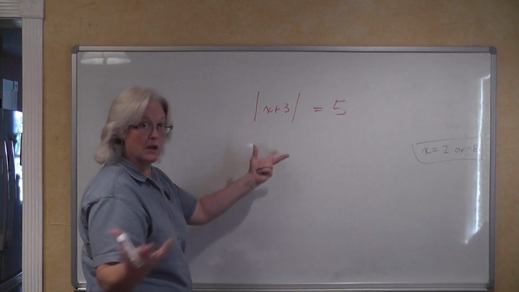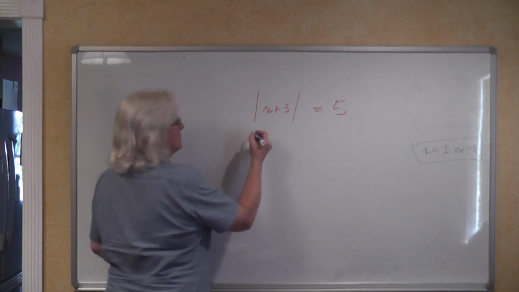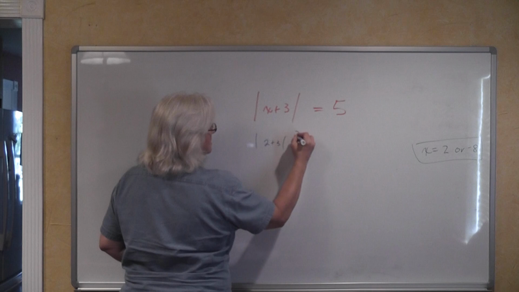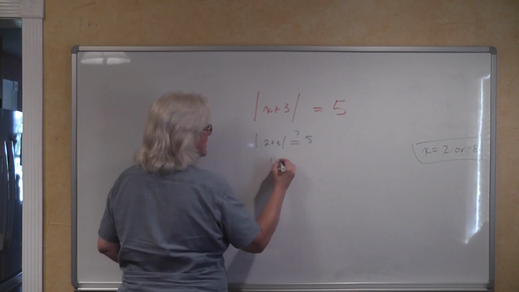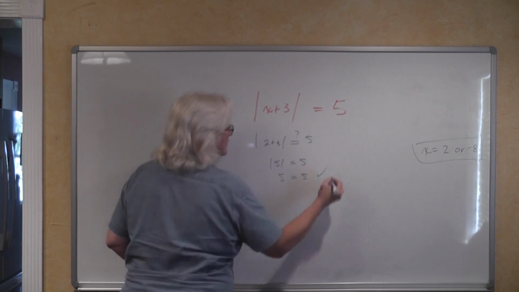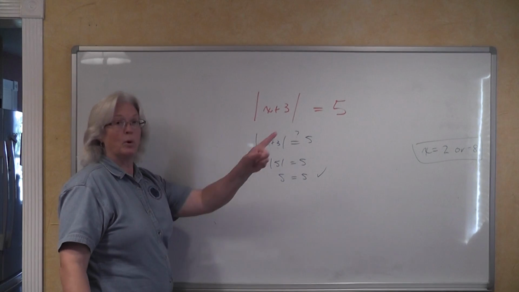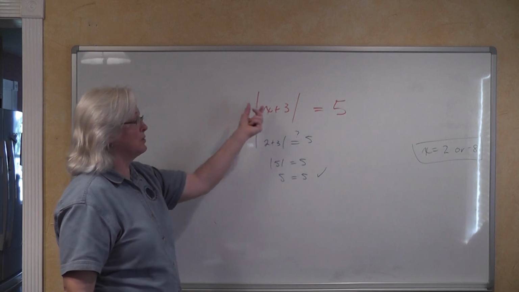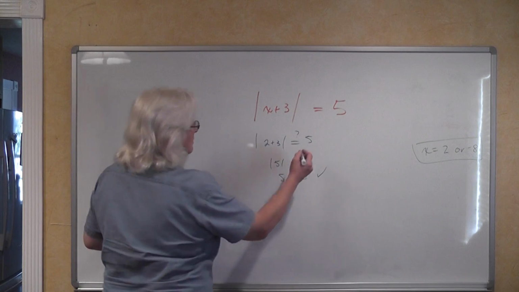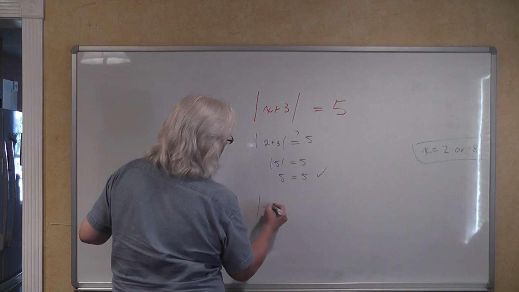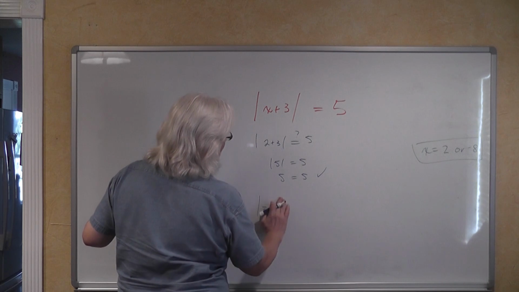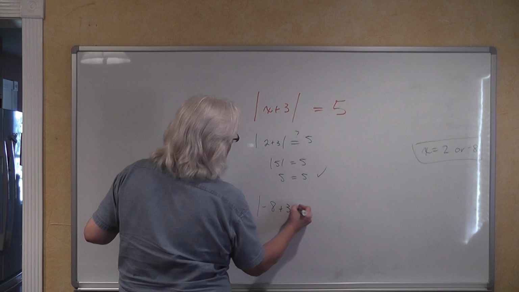Let's see if it's true. That's how we know to check our solution. I'm going to substitute in the absolute value of 2 plus 3. Is that equal to 5? Yes, the absolute value of 5 is in fact equal to 5. We know that. That's an easy one. But it maybe messes with your brain to think -8 can have anything to do with +5. Well, like I just did, I'm going to redo for you now: the absolute value of -8 plus 3.